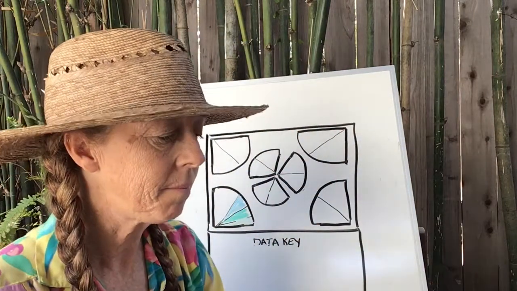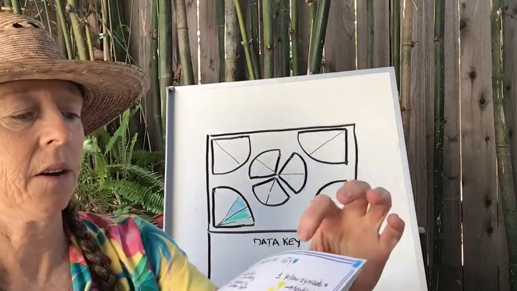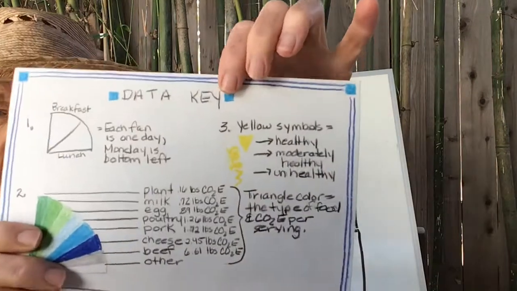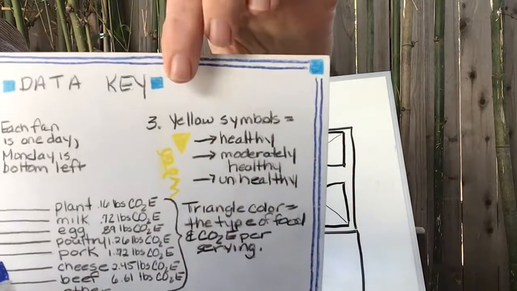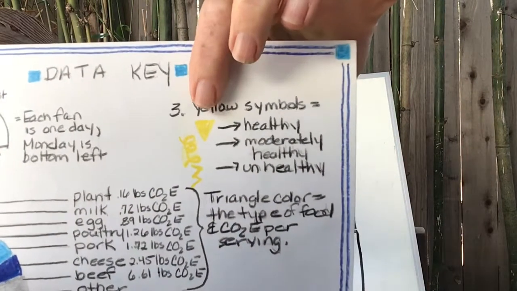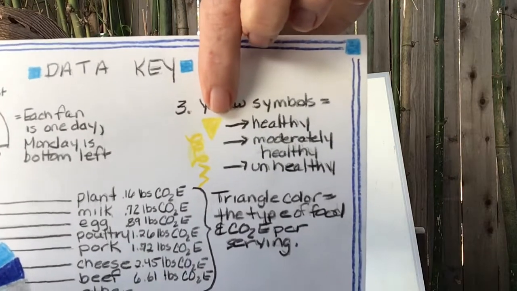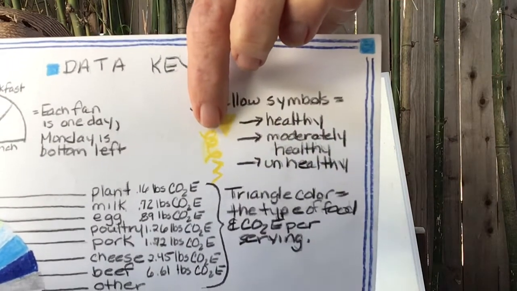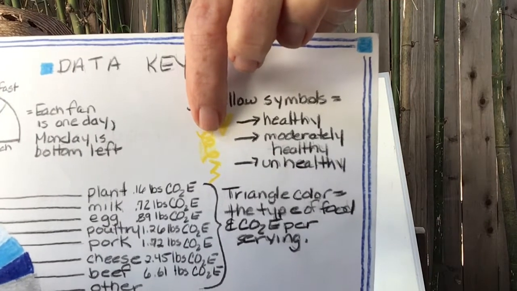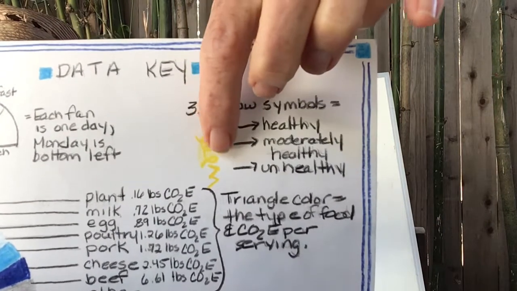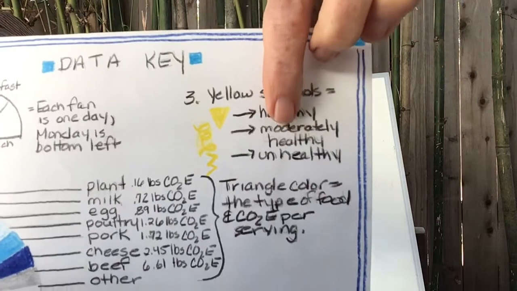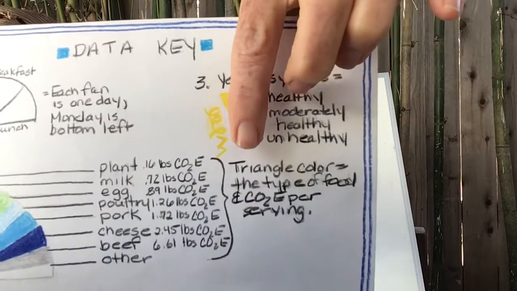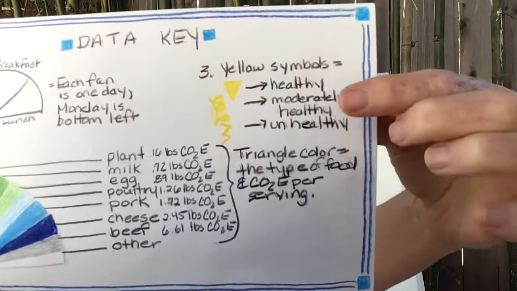So I go to my key, and here you can see I have yellow symbols. I did a yellow triangle for healthy. I did a curling symbol, like a pig's tail, for moderately healthy. And then I did a zigzag for unhealthy.